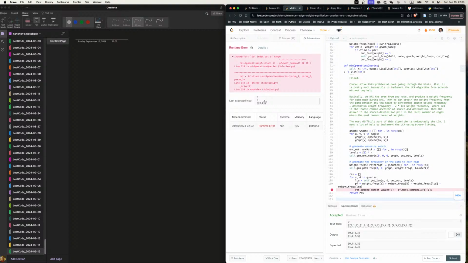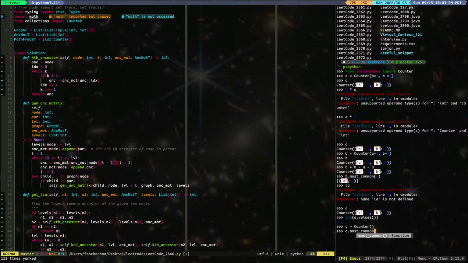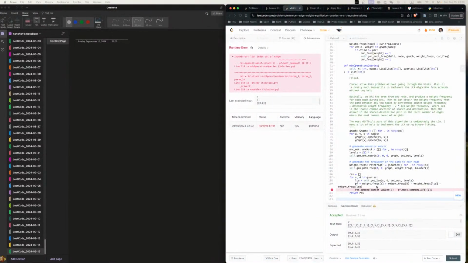Path frequency is, so basically you're saying we have just a counter itself. See the most common. It should be an empty list. Okay, so maybe we can just say, yeah, this is nothing. Path frequency is empty, right?